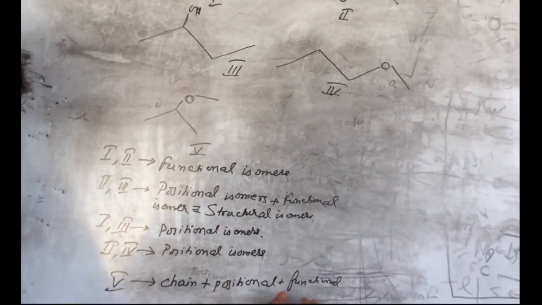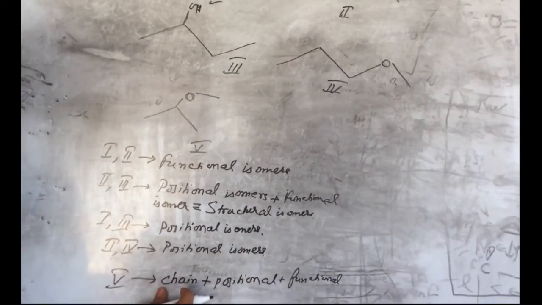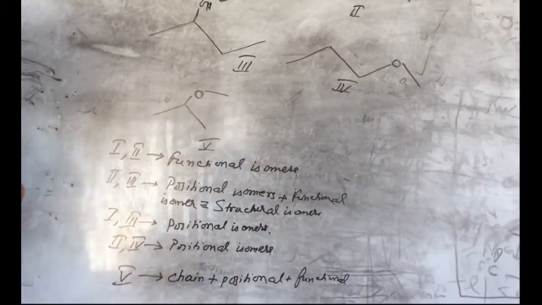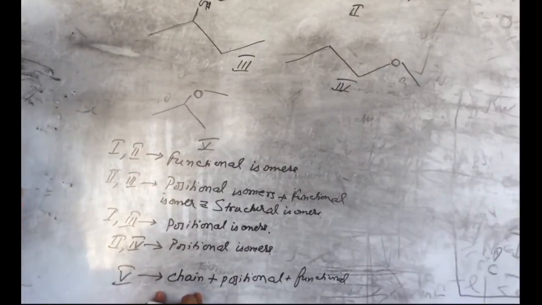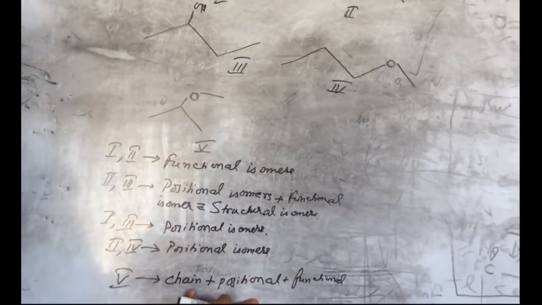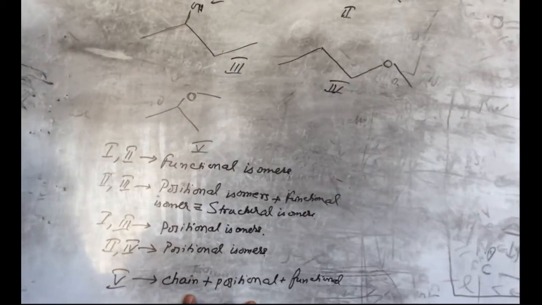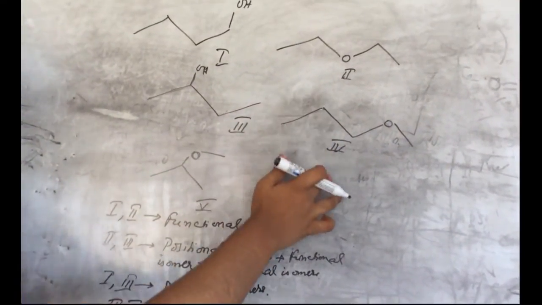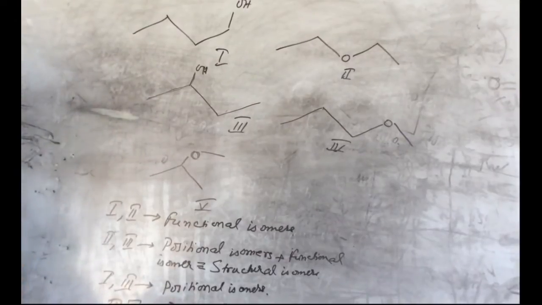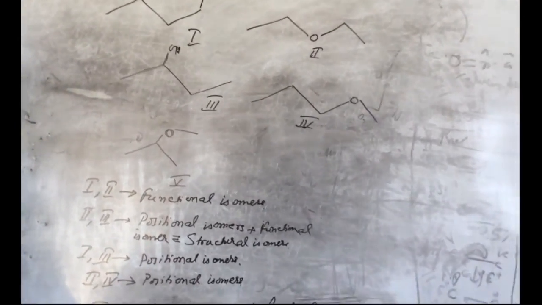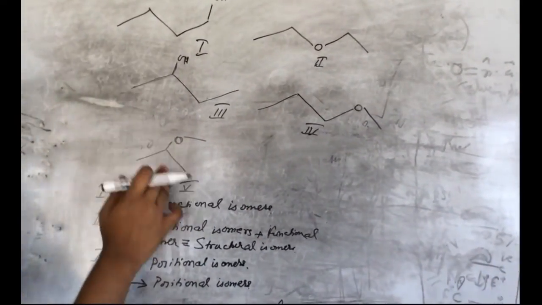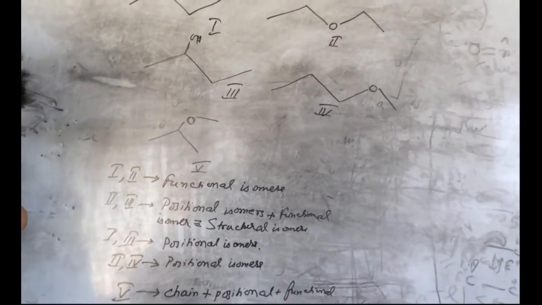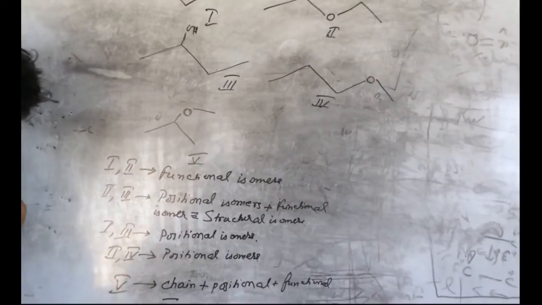Positional for some and functional for some, but chain is, as you can see, there has been a branch, so chain isomerism has taken place and positional isomerism has also taken place if you consider 2 or 4, and functional isomerism plus chain isomerism has taken place if you consider 1 and 3 with 5. So it is also a case of structural isomerism.